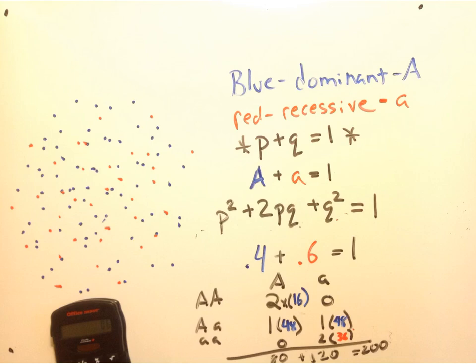In this population, there were 16 individuals that were homozygous dominant, so 32 dominant alleles came from those individuals. There were 48 individuals that were heterozygous, so 48 dominant alleles and 48 recessive alleles came from those individuals. And there were 36 individuals that were homozygous recessive, so there were 72 copies of the recessive allele from those individuals. And when you add up those totals, it equals the number of alleles in the population and shows you where we get the values for P and Q.